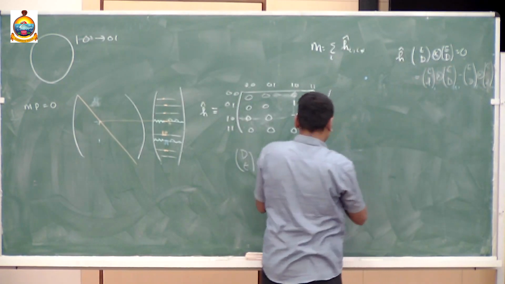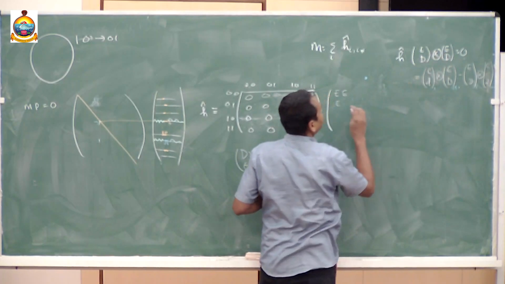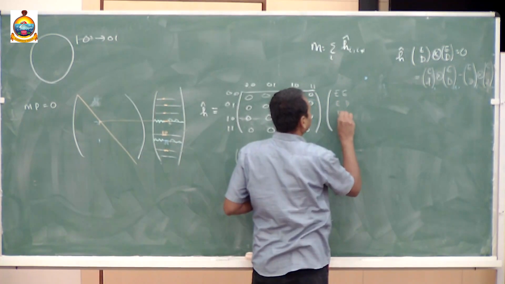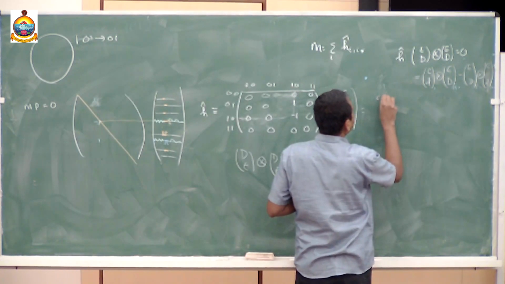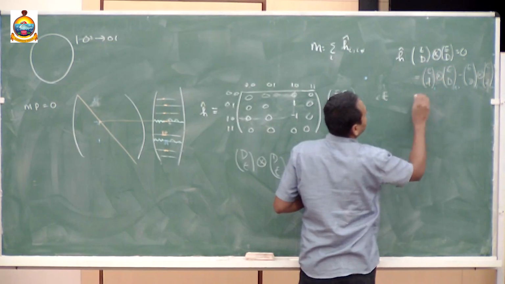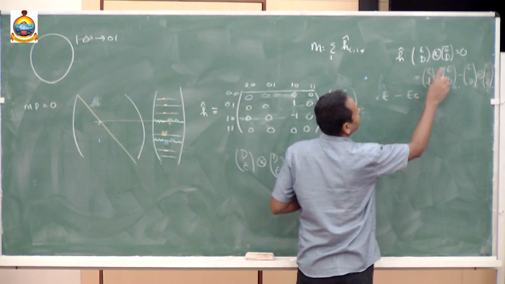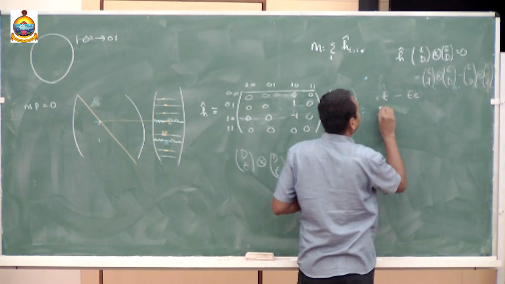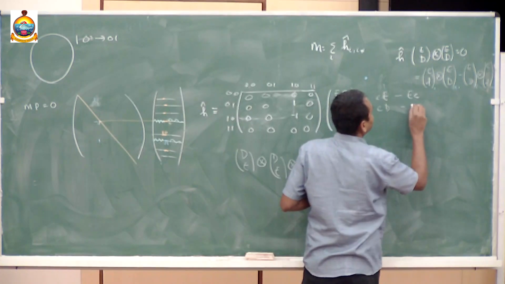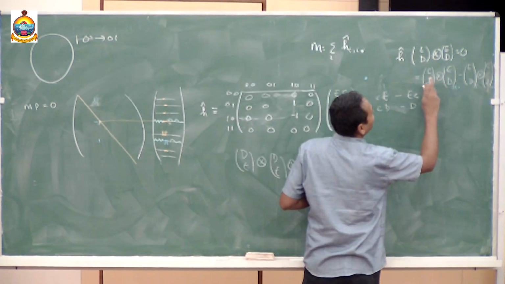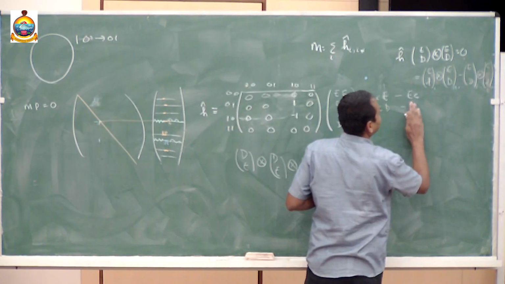So let me write it, EE, ED, DE, DD. I'm just making this direct product. So this is equal to EE minus EE, and this is EE and ED minus ED minus DE, sorry, ED minus ED.